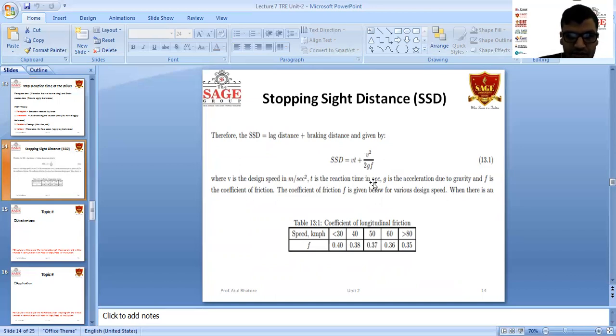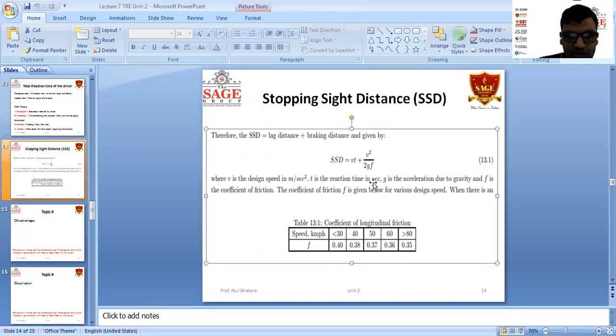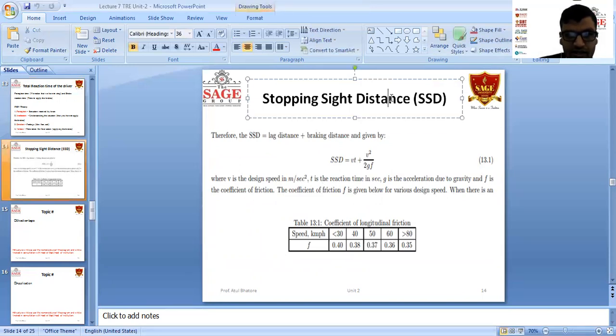If the reaction time of the driver is given in the question, that is good. If it is not given in the question, we can take the reaction time of the driver as 2 to 2.5 seconds. g is obviously acceleration due to gravity, and f is the coefficient of friction. The coefficient of longitudinal friction is very important in stopping sight distance.